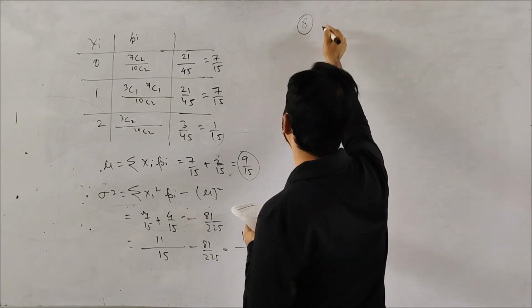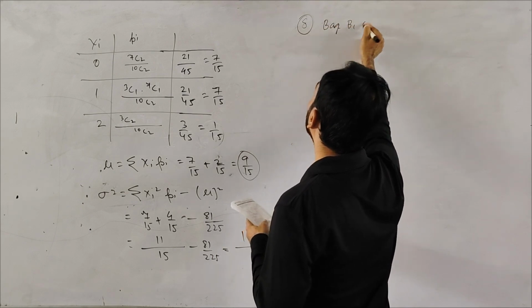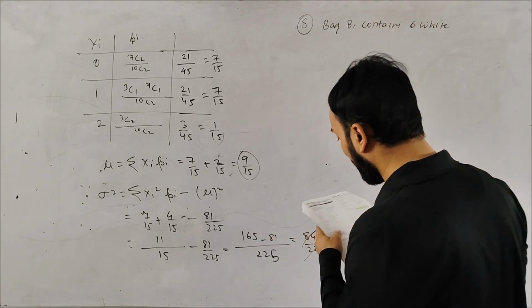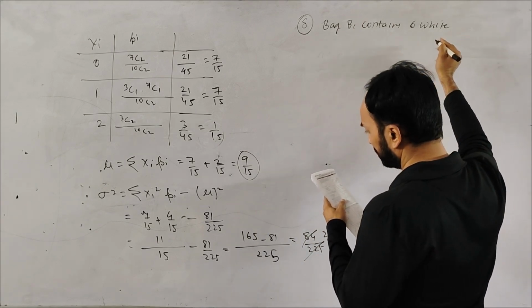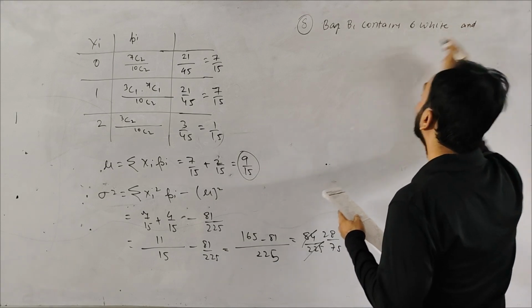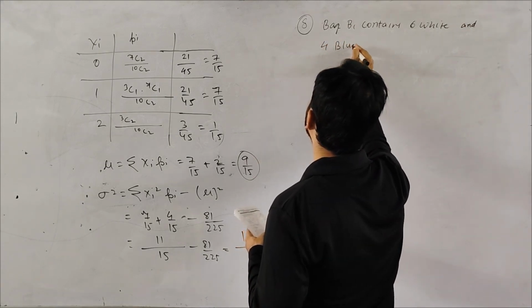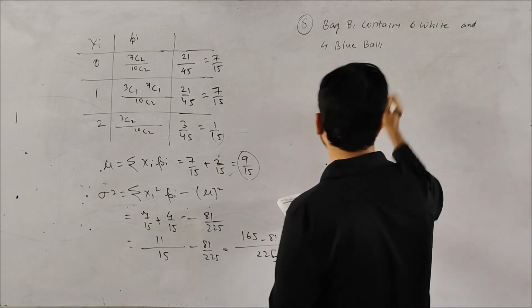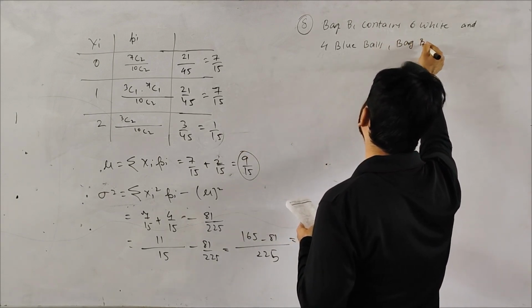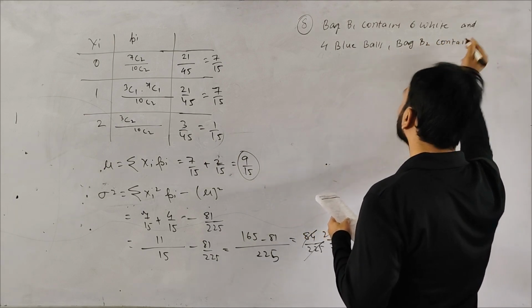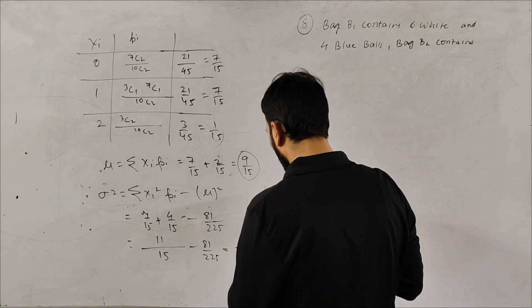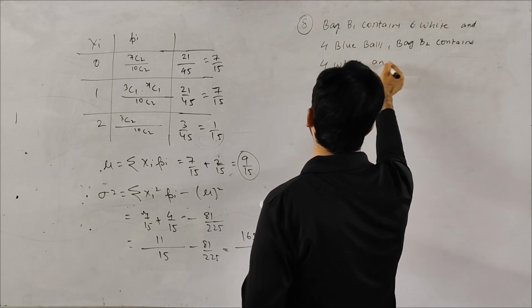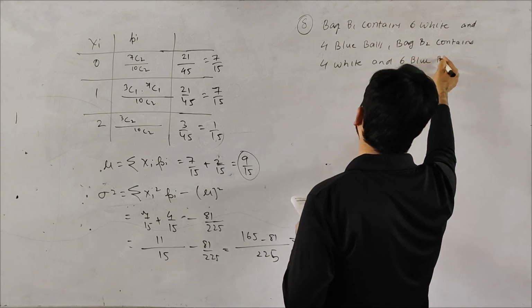Bag B1 contains 6 white and 4 blue balls. Bag B2 contains 4 white and 6 blue balls.